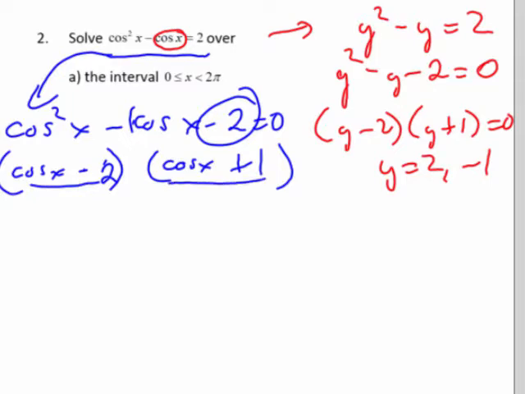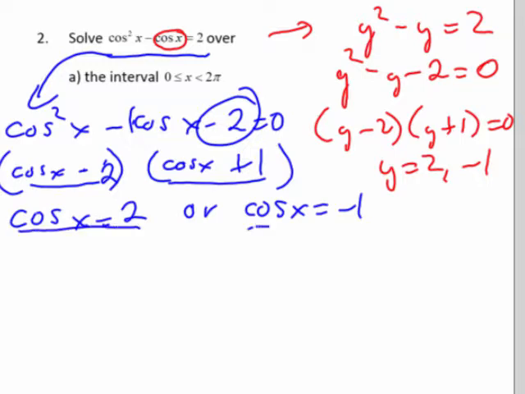And then solve these two, we get cosine x is 2, or cosine x is -1. Okay, so what we've really done to solve this is we've taken our complicated equation and brought it down to two simple trig equations to solve. The solution to this starting equation will be the solution of these two individual equations.